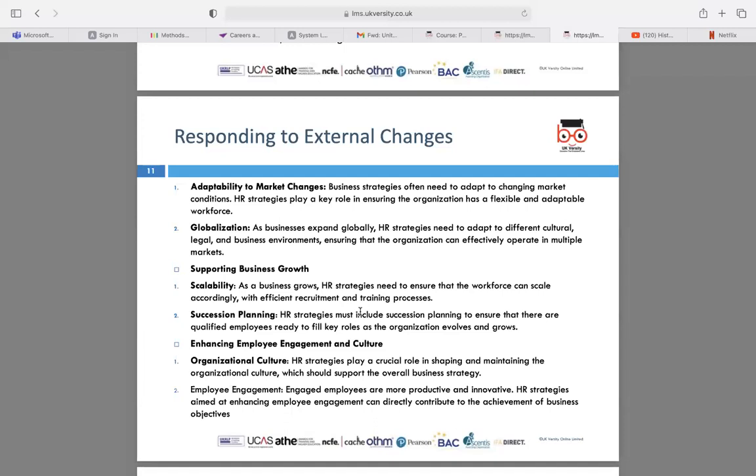We spoke about globalization yesterday, wherein we spoke about how businesses are expanding globally and how the HR strategies are important to be on par with those changes that are taking place. There have been so many changes when it comes to the business environment, when it comes to legal rules that have been put into place. And we spoke about the paternity policy.